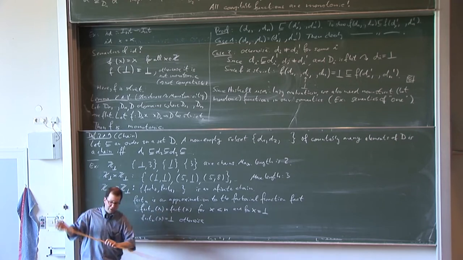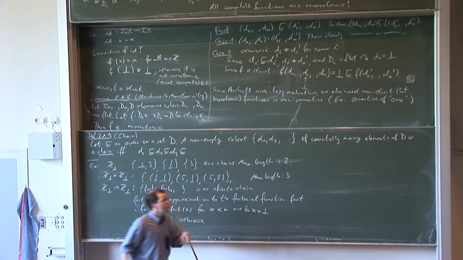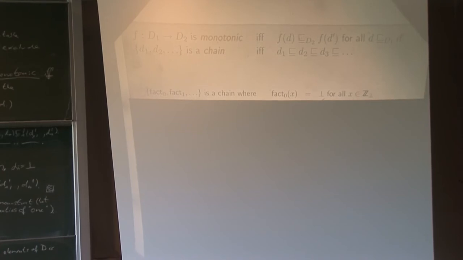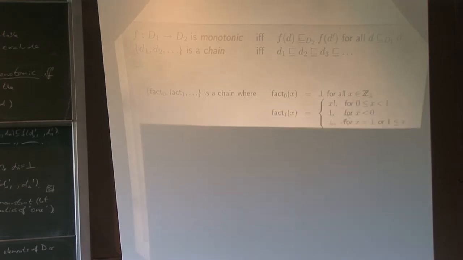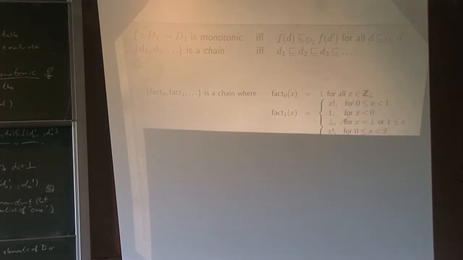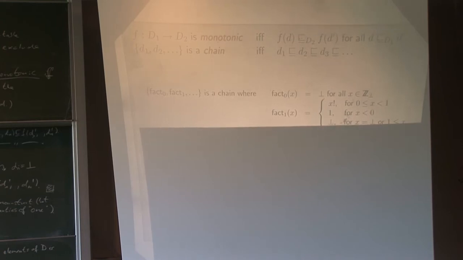So how do they look like? Now fact 0 is an exception to this rule. Fact 0 is undefined everywhere, so it's a very bad approximation. Fact 1 is already a bit better.